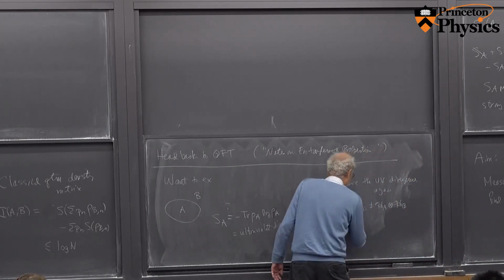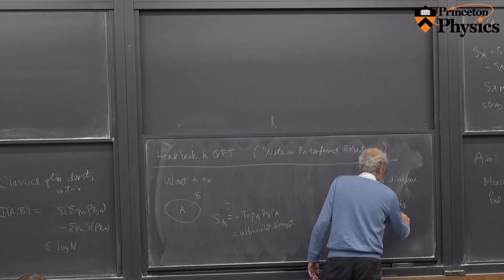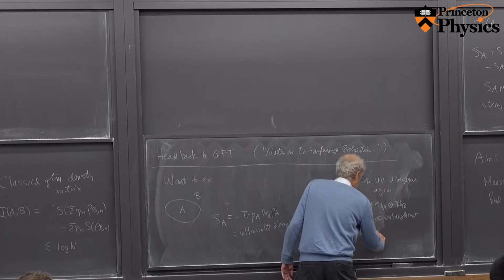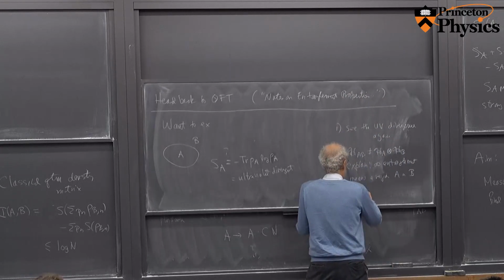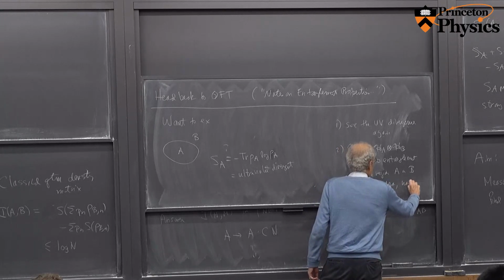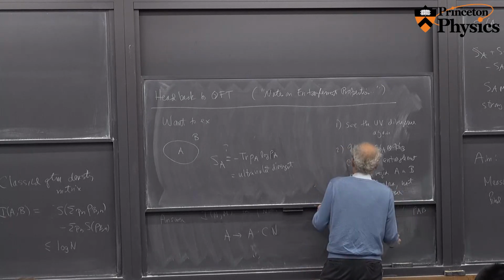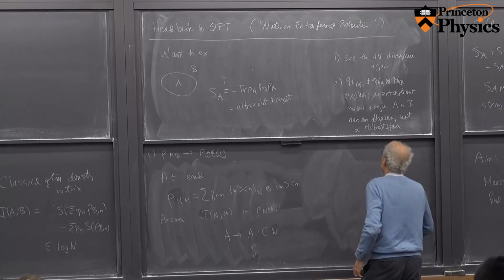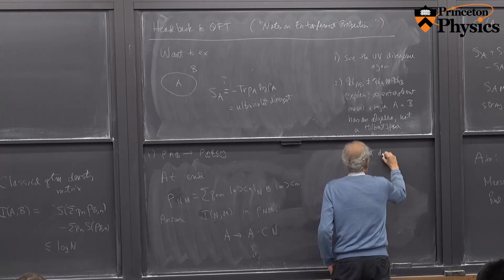But I want to explain better that infinite entanglement means that a region, A or B, has an algebra, not a Hilbert space. So that's the second goal. And then the third goal is going to be saying, well, what do we do instead?